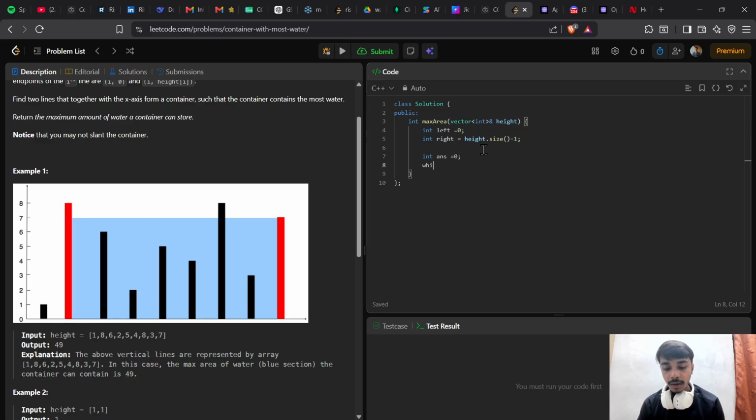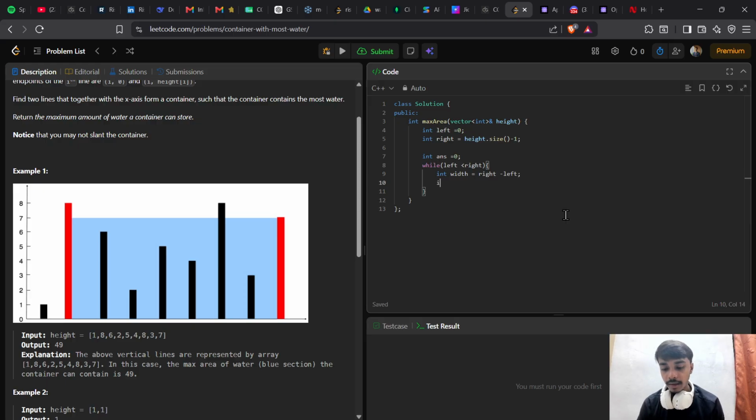Okay, so a while loop, the classic while loop for the two-pointer approach: while left is less than right. In this loop we have an int width, which is right minus left.